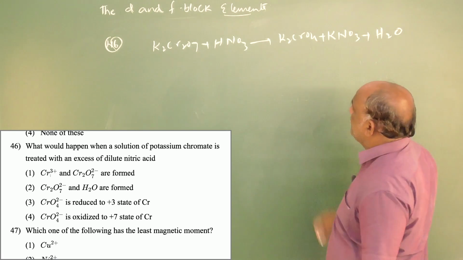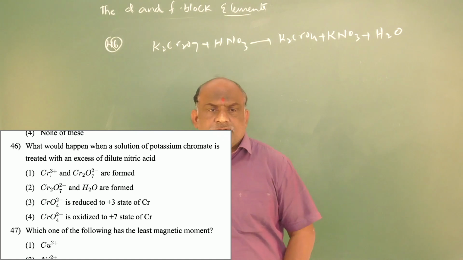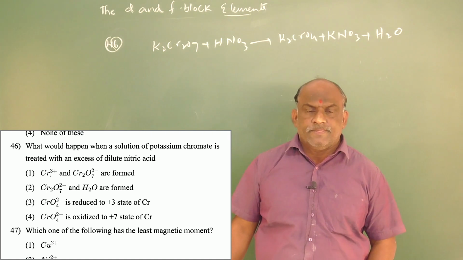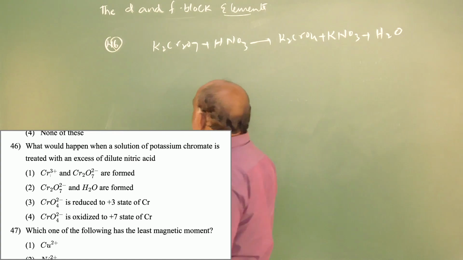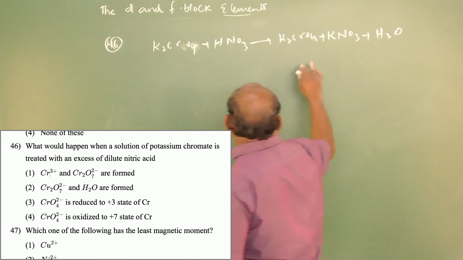This was the reaction. What happens when a solution of potassium chromate is treated with an excess of dilute nitric acid? Chromate means K2CrO4.